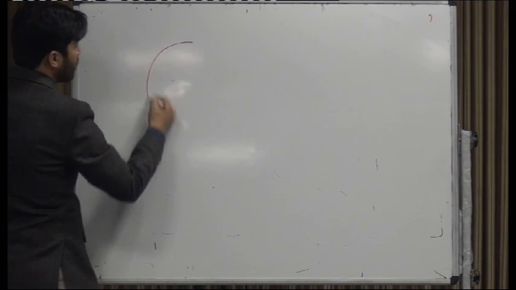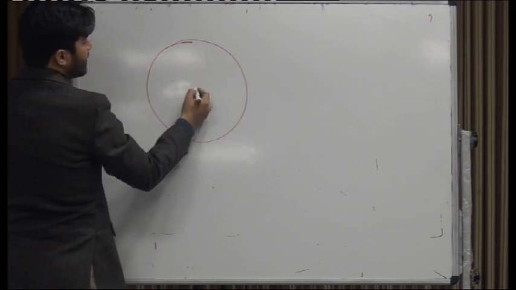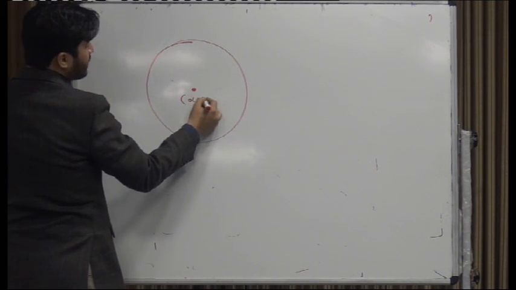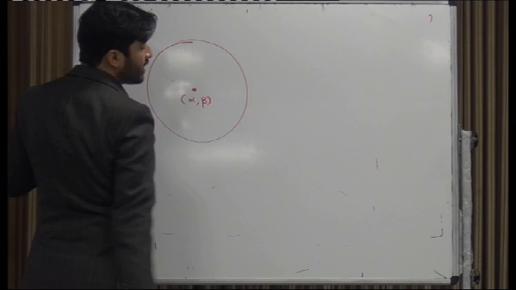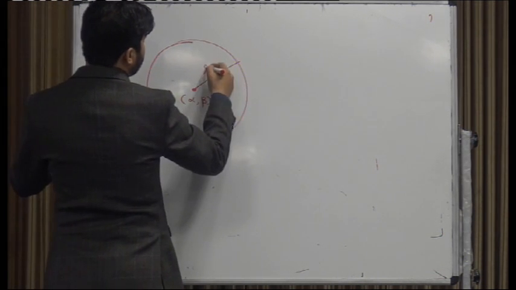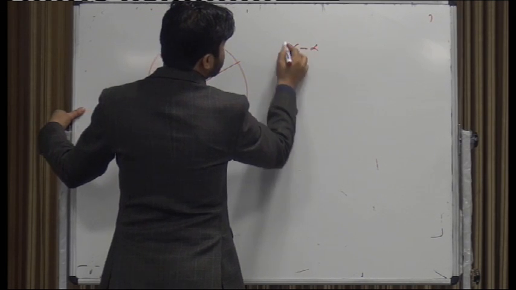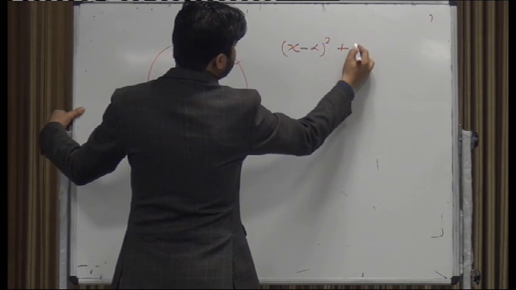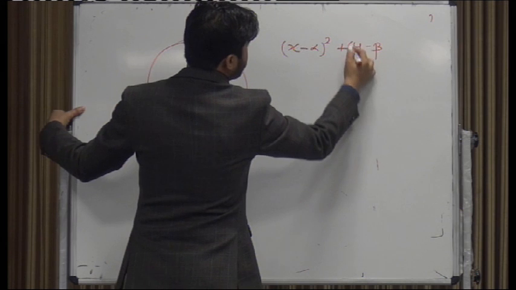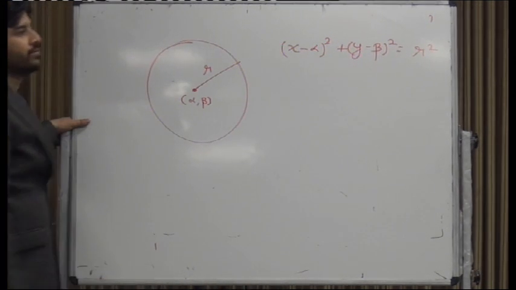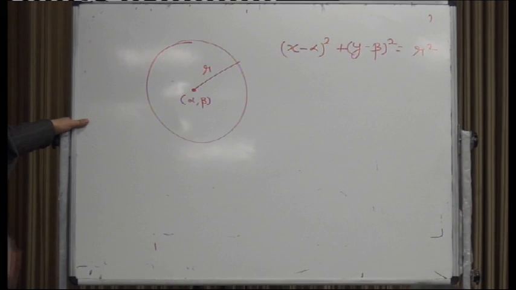See, this is a circle whose center is, let's say, alpha comma beta, and radius is r. So what will be the equation of the circle? The equation of the circle would be (x minus alpha) whole square plus (y minus beta) whole square is equal to r square. Now, what is power?